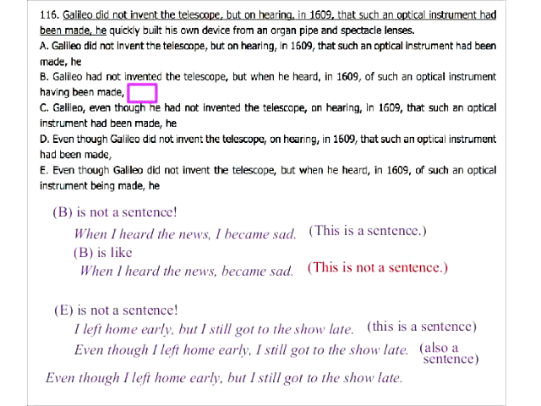This is not a sentence. This is like having two buts or two ands. You can't have two of these connectors.